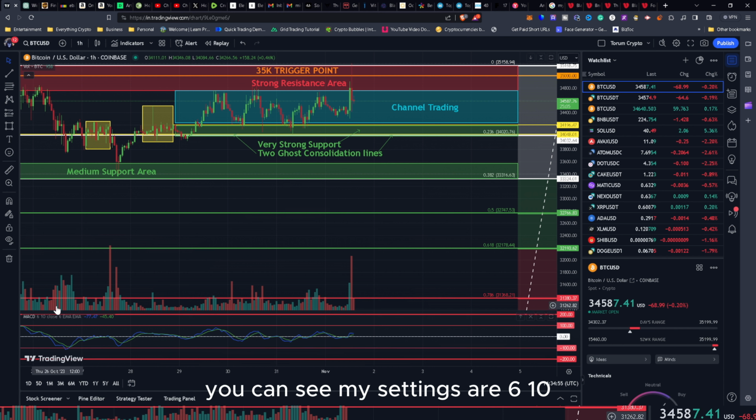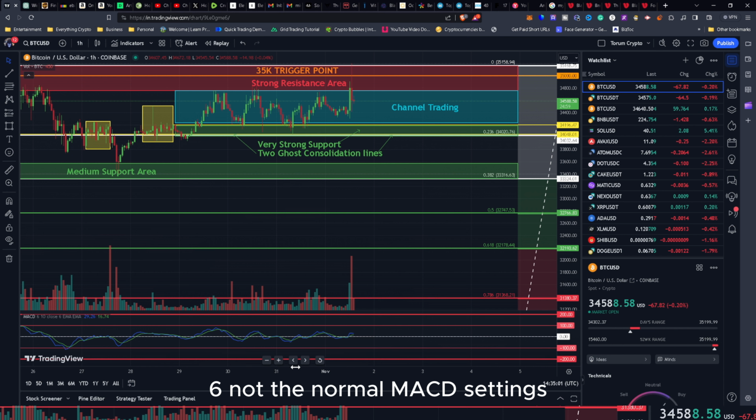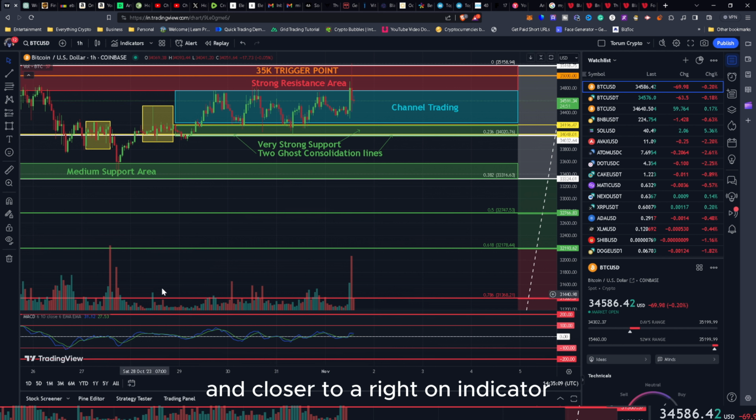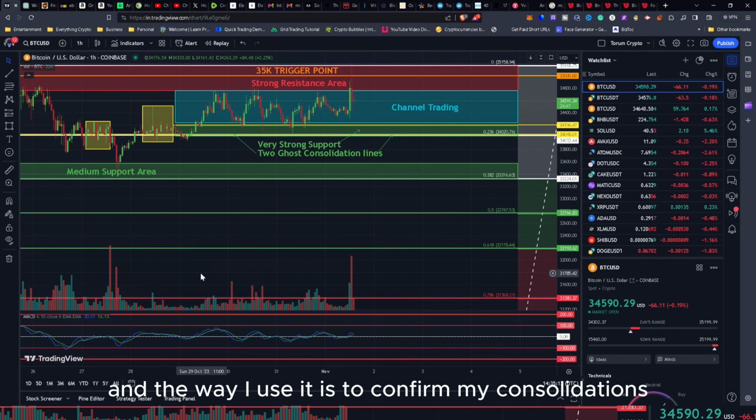As a matter of fact, you can see my settings are 6, 10, 6, not the normal MACD settings. The reason that I do that is because it becomes less of a lagging indicator and closer to a right on indicator. And the way I use it is to confirm my consolidations.